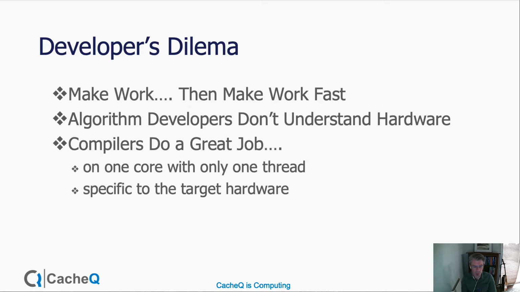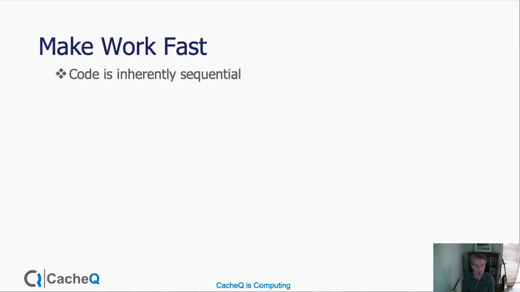They're relying upon compilers, which do a fantastic job, but generally speaking they only target one core and one thread, and can only do so much without some help and guidance from the software developer. And they're specific to a single target.